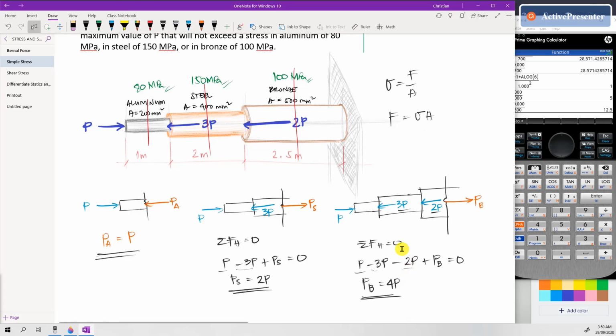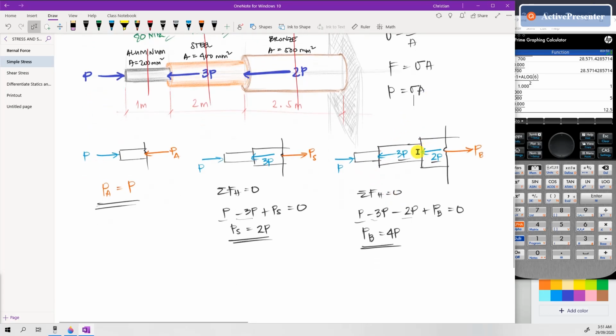So, yung force F, so yun yung actual force P. Okay. So, yung force dun sa ating aluminum is P sub A, which is equivalent sa P.